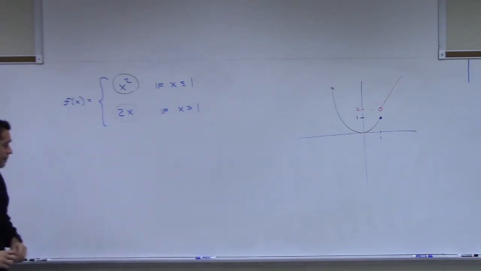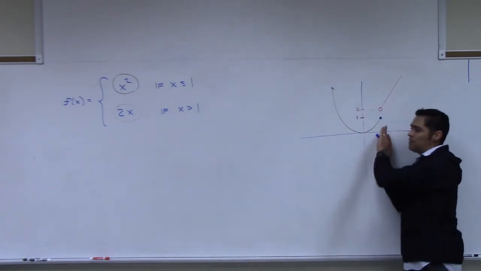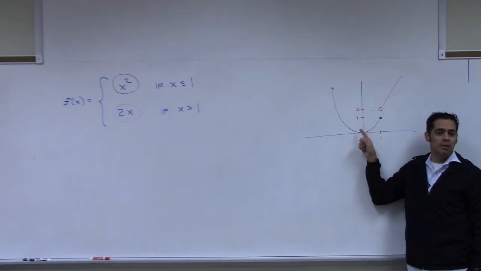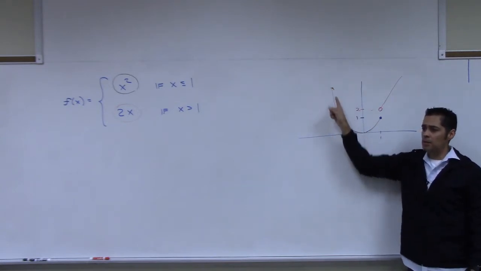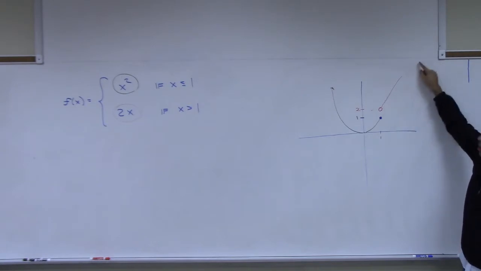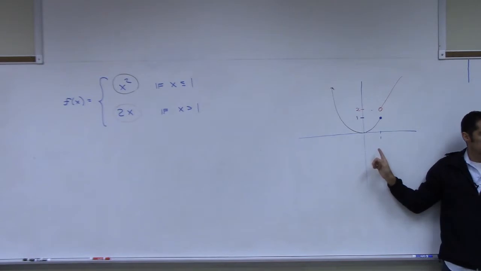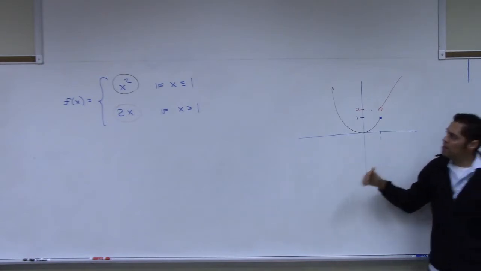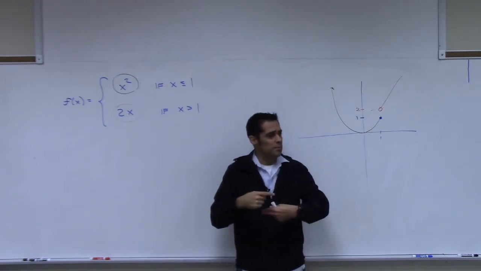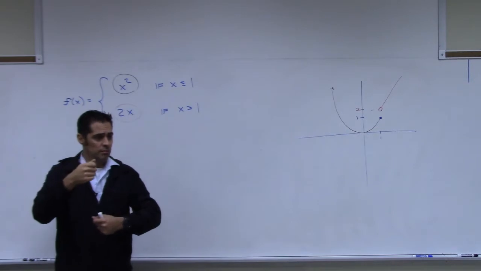Okay, so right now, if you look to the left of 1, is this continuous to the left of 1? Yes, you can draw it without picking up your pencil. To the right of 1, is it continuous? Just to the right? Yes, you can draw it without picking up your pencil. The only problem you ever have is at 1, right? Where this switches from one function to another, when that switch takes place, you have the potential to have a break in the graph, don't you?